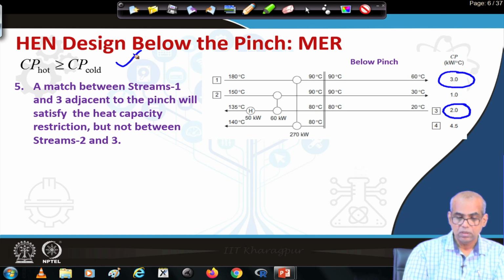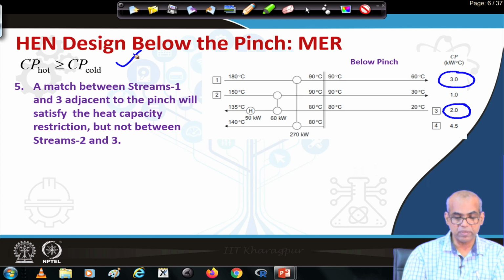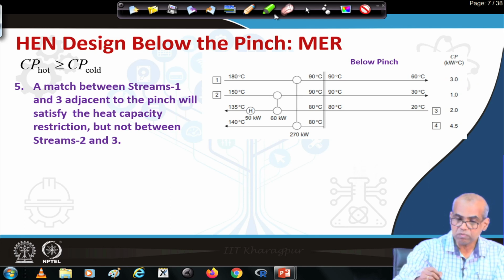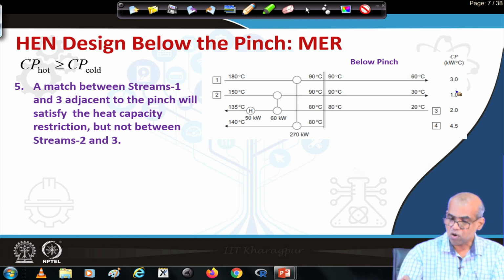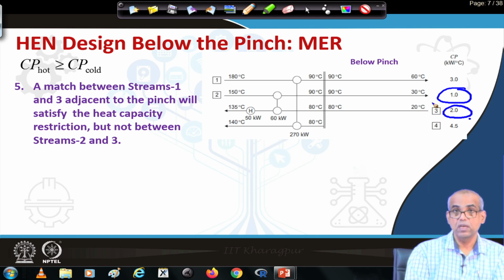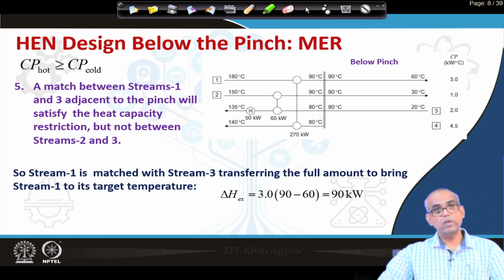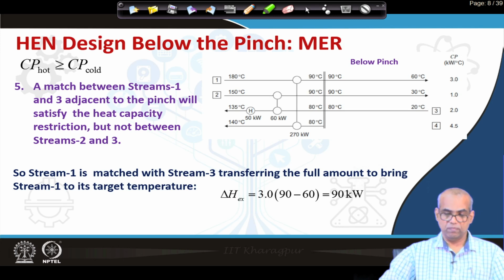So, a match between stream 1 and stream 3 adjacent to the pinch is possible. It satisfies the capacity restriction. But what about matching between stream 2 and stream 3? It is not possible because of the capacity restriction. So, the matching adjacent to the pinch is not possible. So, we will match stream 1 with stream 3.